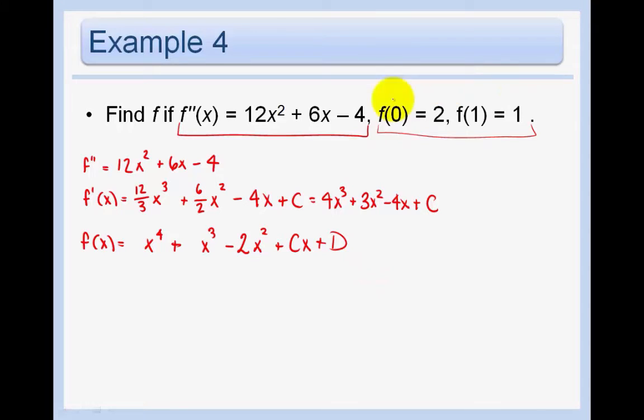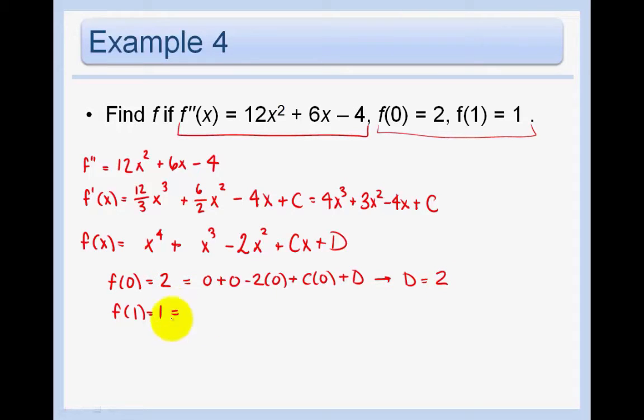Now we have two initial conditions. We know f of 0 equals 2, and we know f of 1 equals 1. And so we're going to be left with 0 plus 0 minus 2 times 0 plus c times 0 plus d equals 2. In other words, d equals 2. And so now we can plug in our 1, and we get 1 plus 1 minus 2 times 1 plus c times 1, and we now know our d is 2.